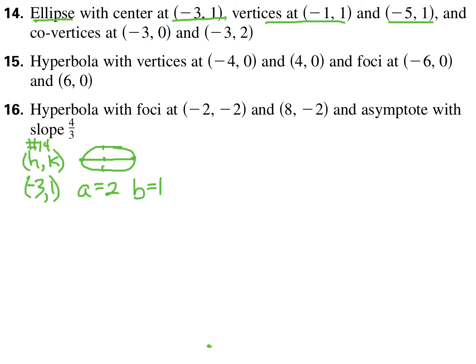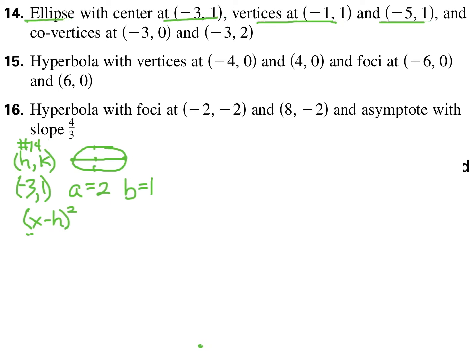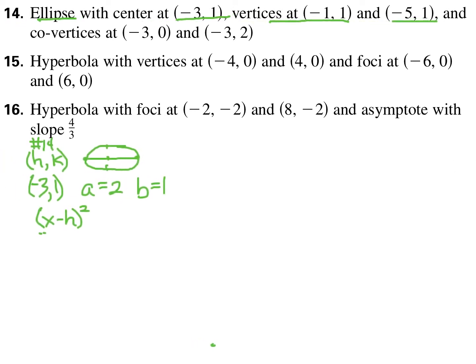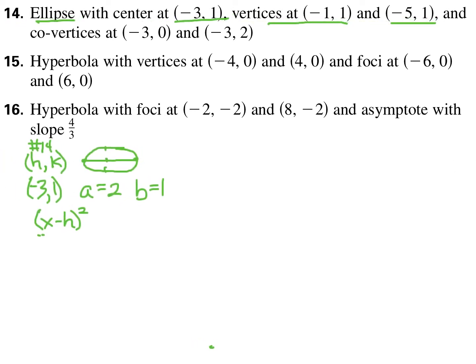Our translated ellipse is in the form x minus h squared. Okay, a little bit of a hiccup there. Let's try this again. x minus h squared over a squared plus y minus k squared over b squared equals 1.